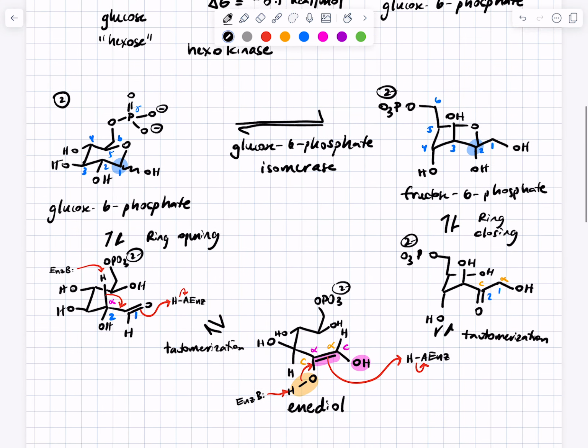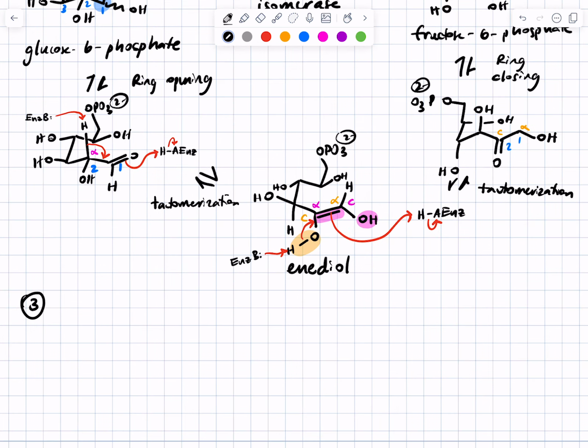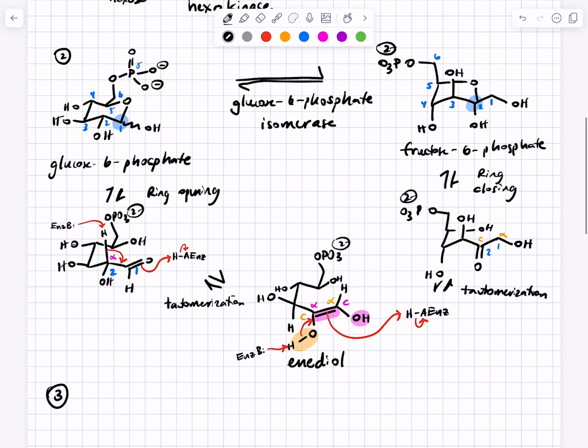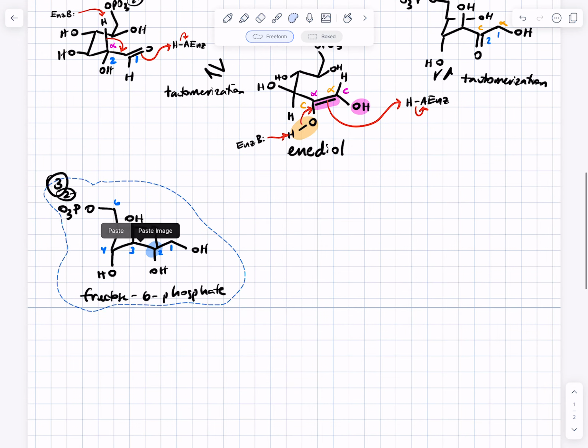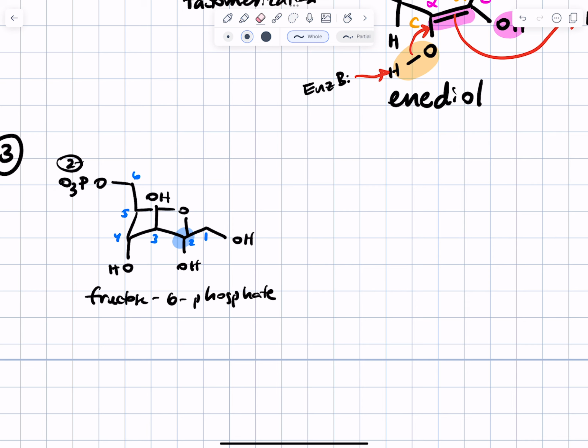All right, let's do step 3. Step 3 is another irreversible kinase step. You're going to take fructose 6-phosphate as the starting material, and you're going to invest another molecule of ATP. So you expect the enzyme that catalyzes this reaction to be a kinase, and it is.